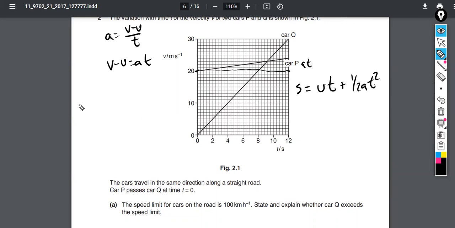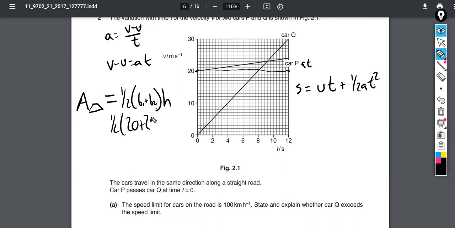A geometry problem would look like this. The area of a trapezoid, which is a crudely drawn trapezoid there, is 1/2 base 1 plus base 2 times height. And so maybe you want to solve it that way. 1/2 the base here, 20 meters per second, plus the base here, 24 meters per second.